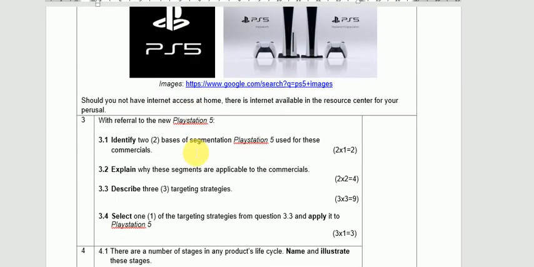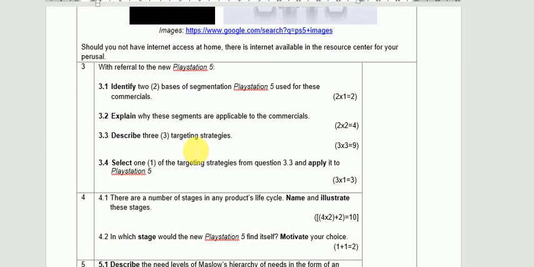Then answer the questions, question 3, 4, and 5. Question 3.1 asks you to identify the 2 bases of segmentation. Segmentation, targeting, and positioning we'll do in chapter 5.